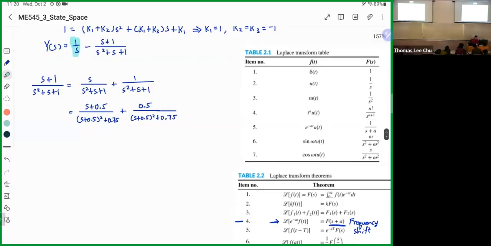Because let's say this was s plus 2, then we do it like that, because we can always manipulate this numerator term by pulling a constant out to get it to the right omega value. So yeah, we would actually do this first step. Find this first.